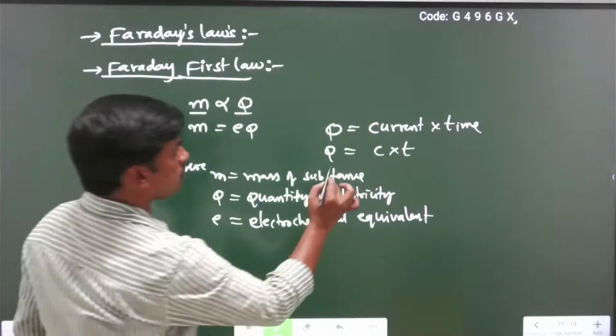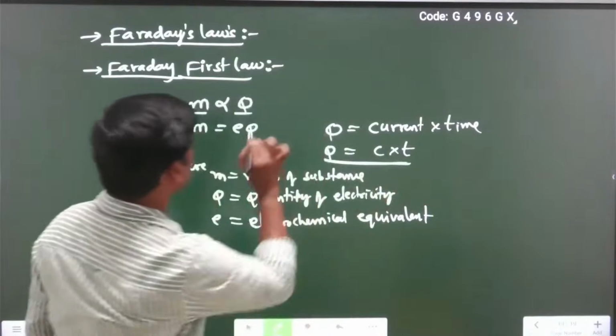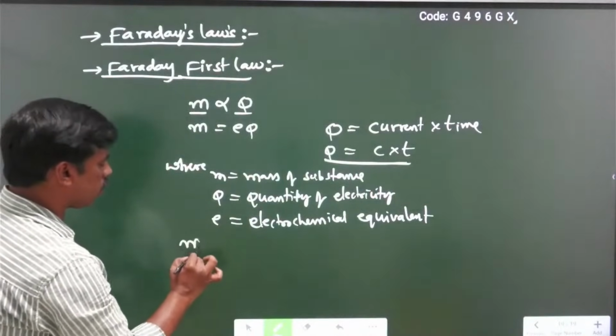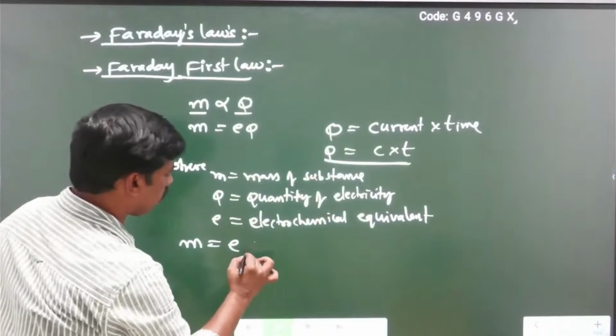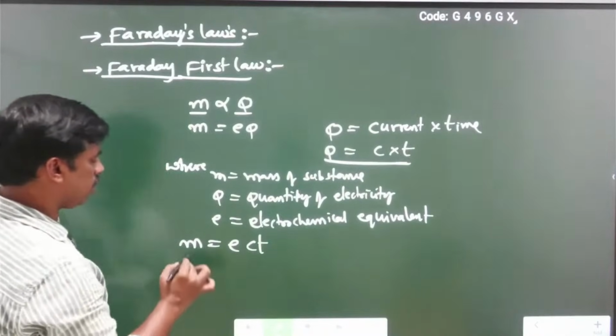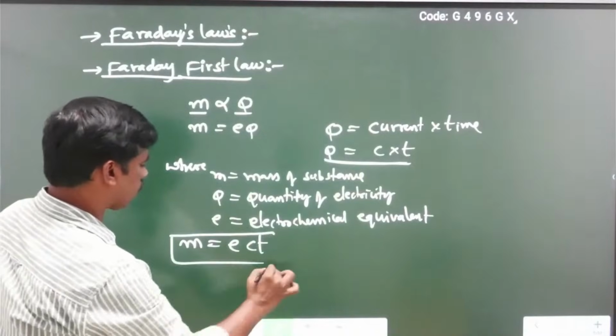But Q equals C T, so you can substitute this term here. What will we get? m equals E, as it is, with Q replaced by C into T. This is Faraday's first law.